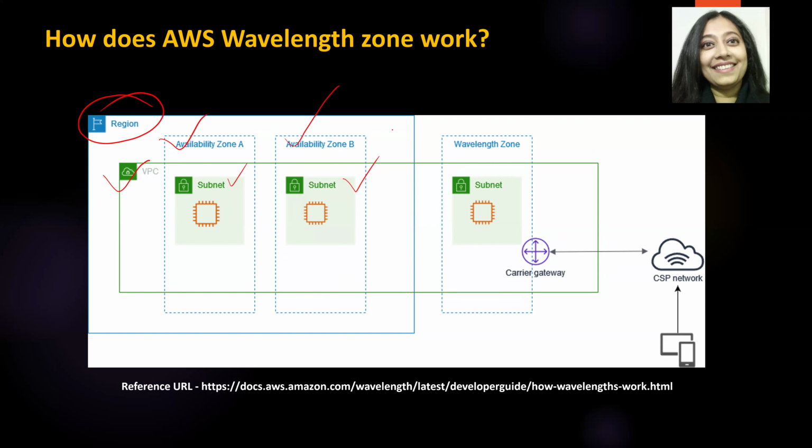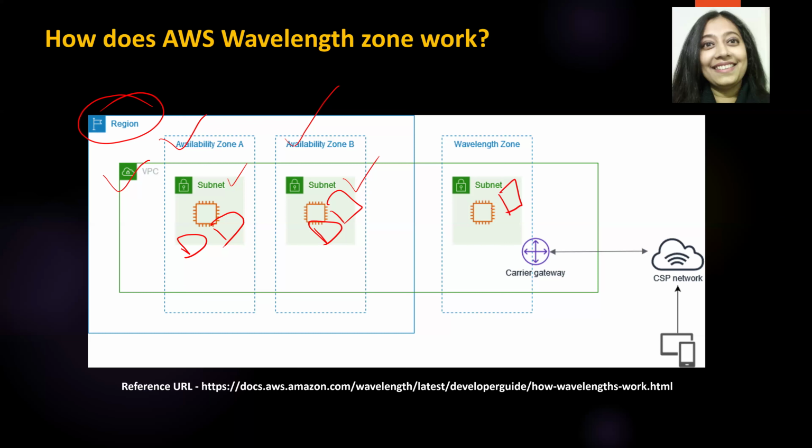So as I was mentioning to you earlier, you could have some parts of your application deployed in your regular AZs, but there will be portions of your application that require ultra low latency. Have those portions or those services, whether it's your application tier, whether it's a certain set of services that require ultra low latency, deployed over here in your Wavelength Zone.